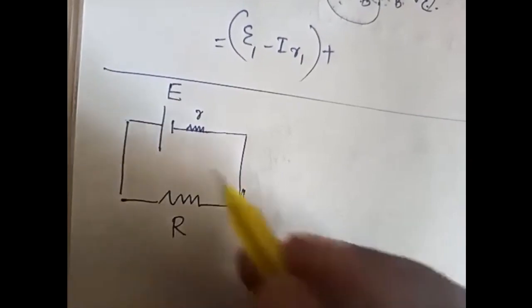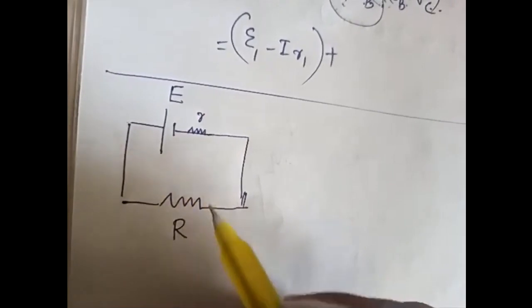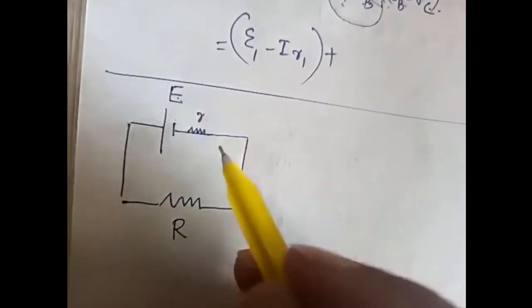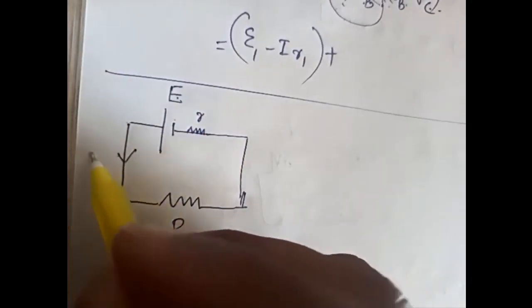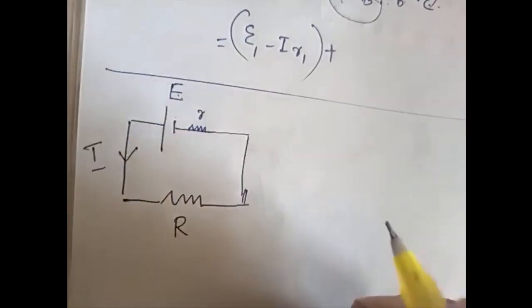Whatever value you connect to a source is called the load resistance. Suppose that a current I is flowing through the circuit.